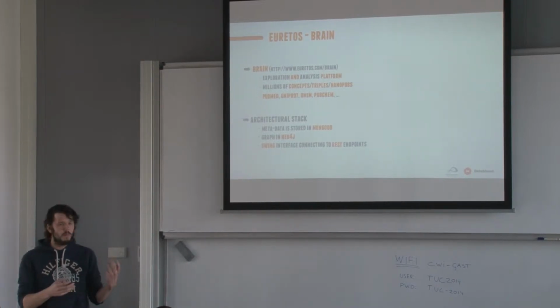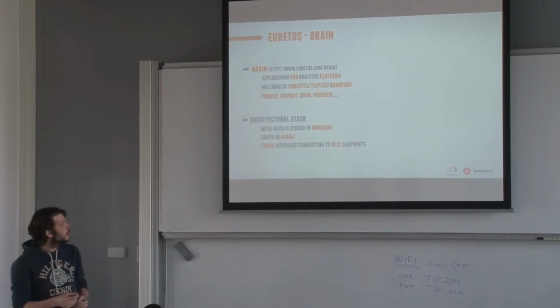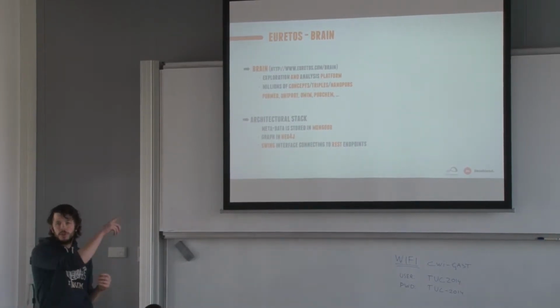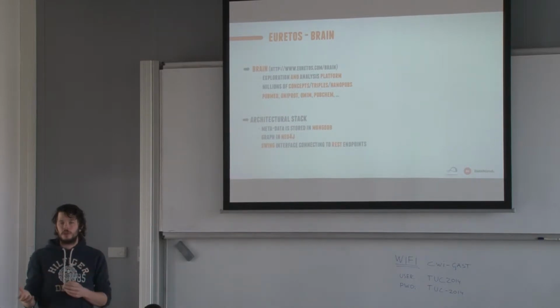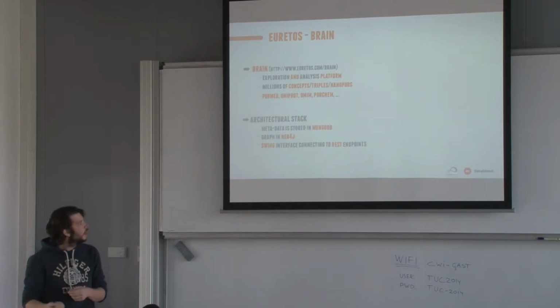So as a result, all metadata stored about each entity is stored in MongoDB. I will give the reason why we do that later on. The graph itself, so the knowledge graph that I showed you, that's stored in Neo4j. Basically, Neo4j itself, or the graph database that we are using, only stores the nodes and the relationships. All the attributes that are given to nodes or relationships are stored in MongoDB.